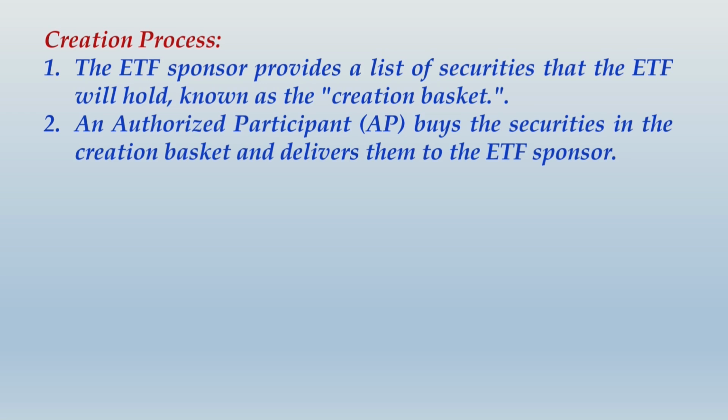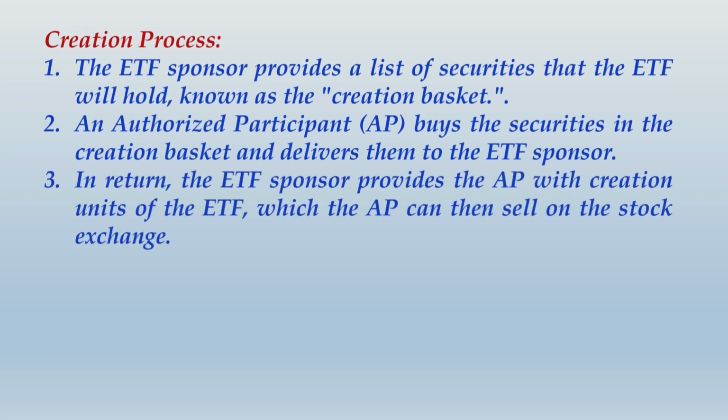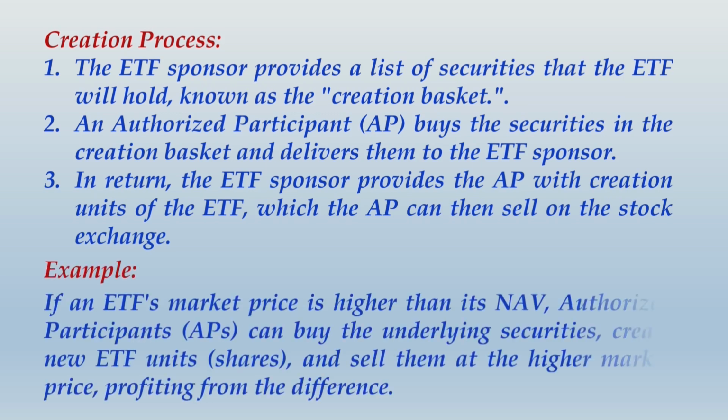An authorized participant, or AP, buys the securities in the creation basket and delivers them to the ETF sponsor. In turn, the ETF sponsor provides the AP with creation units of the ETF, which the AP can then sell on the stock exchange. Let us take an example to understand this.